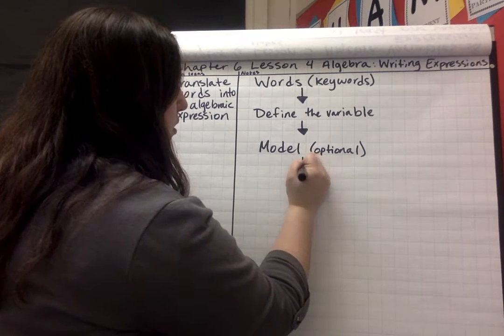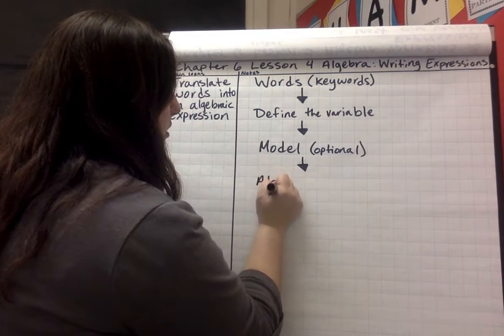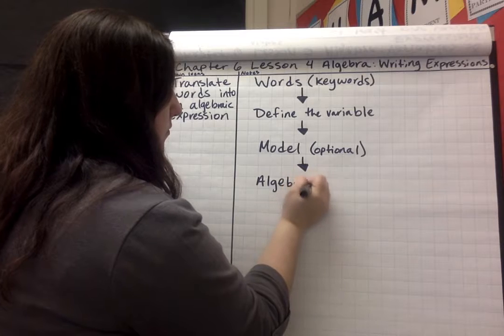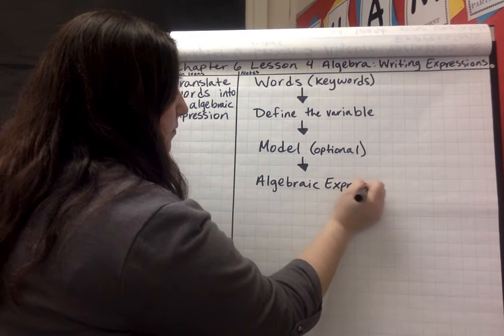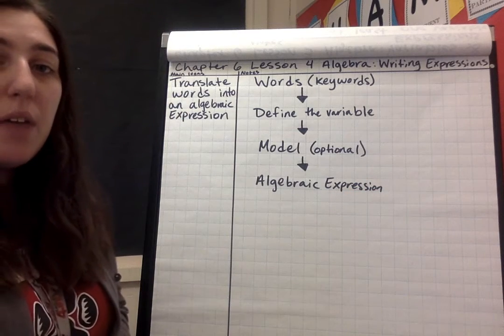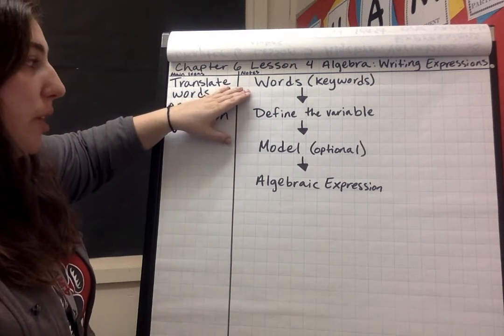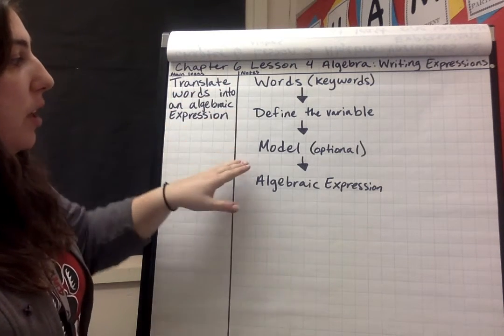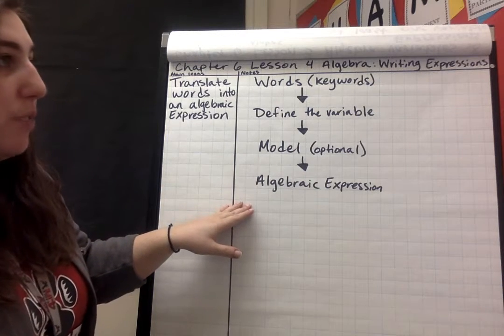And last step is going to be to create your algebraic expression. Okay, so now that we have our 4 steps, which are identify the words, keywords, define the variable, model if you choose to, and then the algebraic expression.